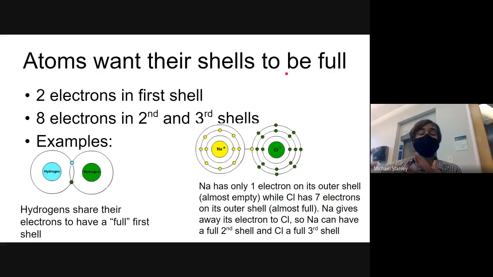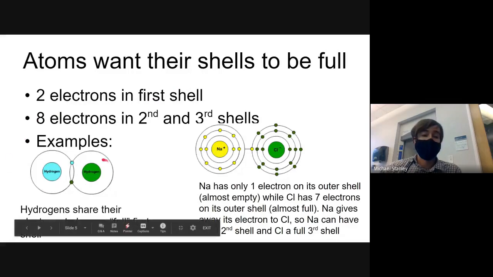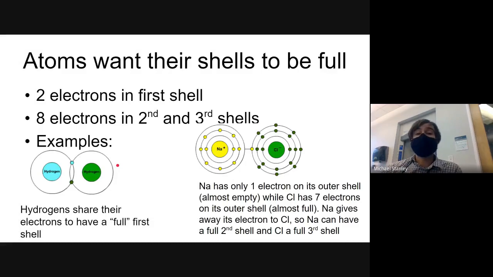Whatever their outermost shell is, if that's their second shell or their third shell, or even their first shell, if they're a really small atom like hydrogen and helium, atoms really want that outer shell to have a nice full set of 8 electrons in it. A lot of times the interactions that atoms have with each other are a result of them trying to set up a situation where their outer shell has a full 8 electrons in it.